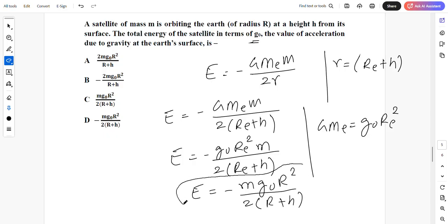Okay, this is the total energy. This is the same as minus m g0 r square divided by 2 into r plus h. This is the correct answer.